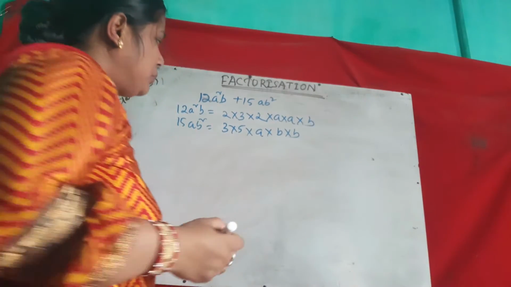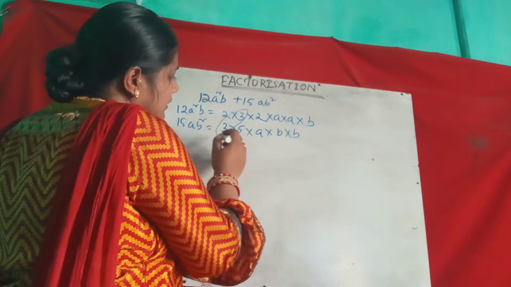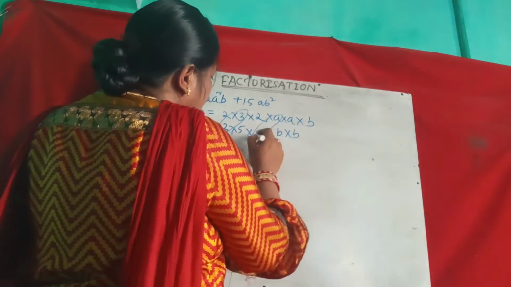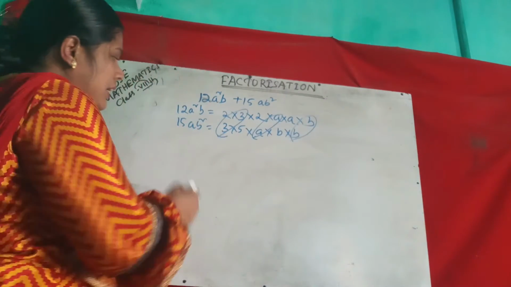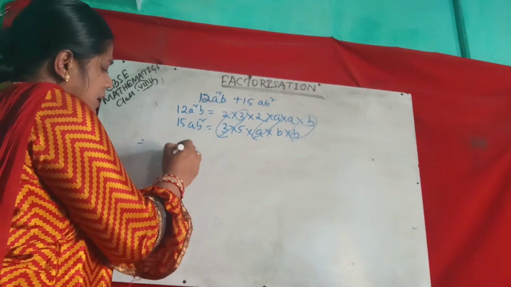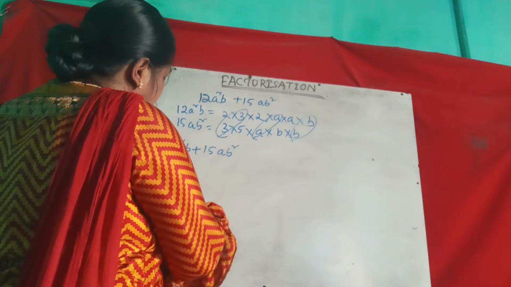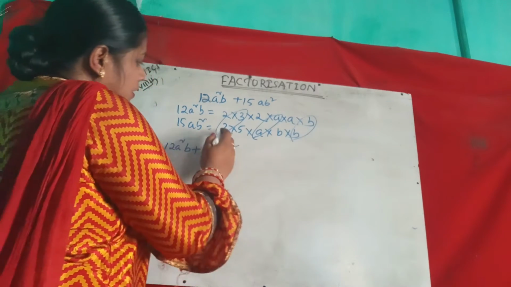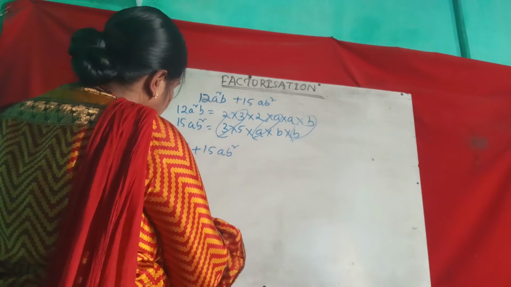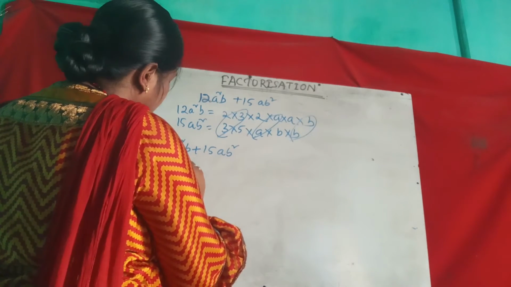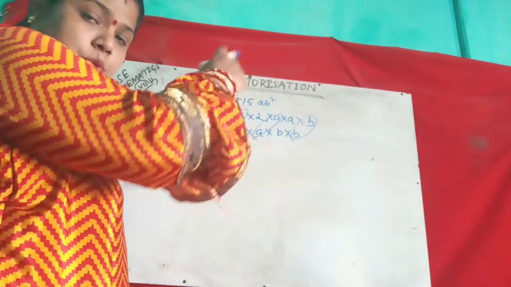So in these two, the common factors are 3, then a, then b. So 3ab is common in both.